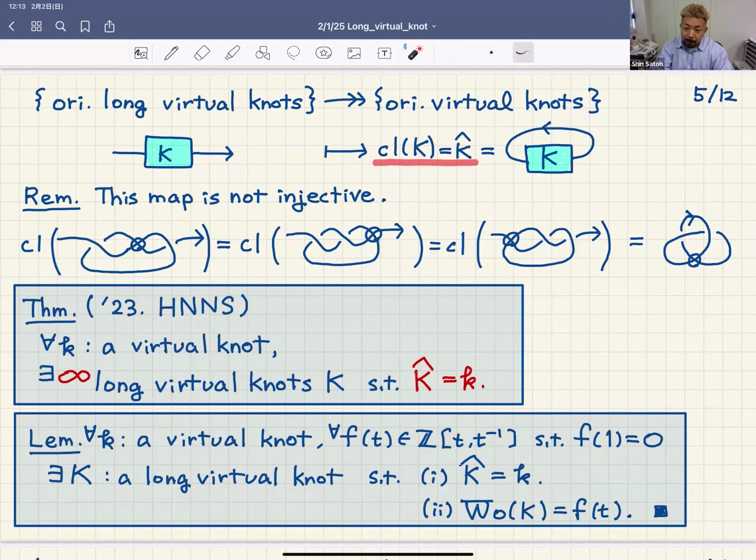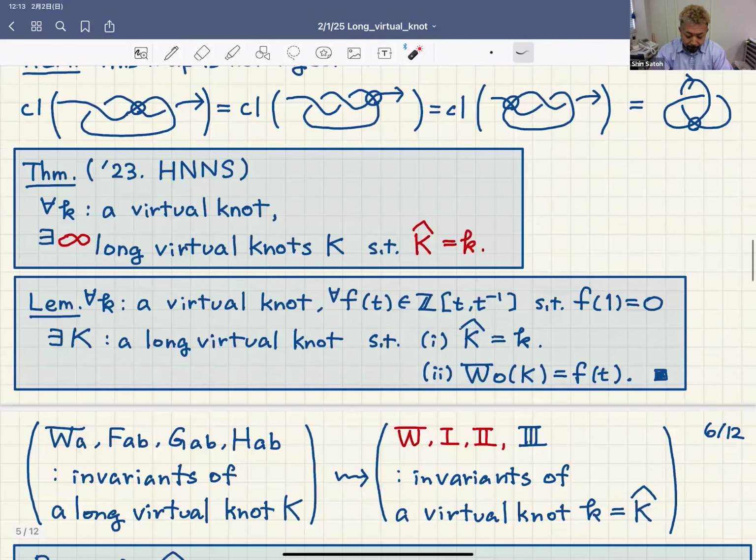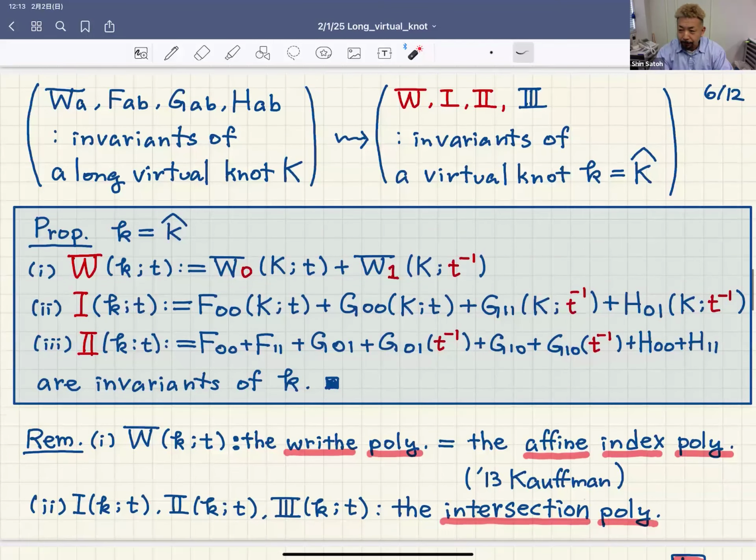By using the invariants of a long virtual knot, we can construct the invariants of a virtual knot as follows. For a virtual knot K, we first take a long virtual knot whose closure is K. Then the polynomial W is obtained from the sum of W0 and W1 of T inverse of the long virtual knot.